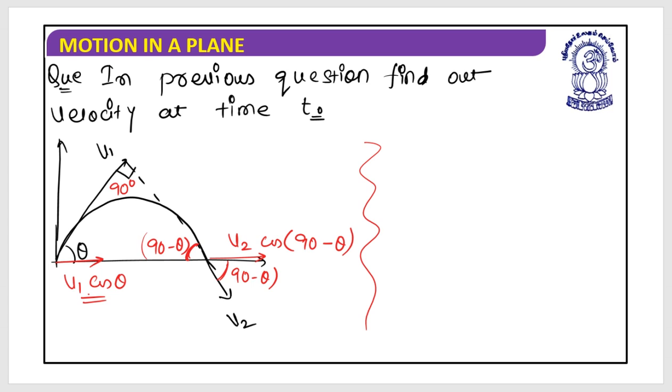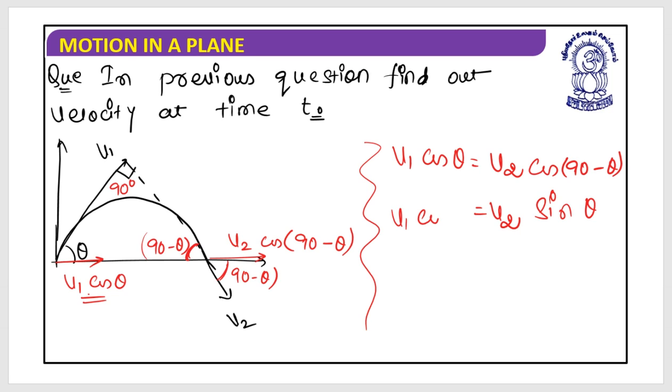When the horizontal velocity remains the same, v1 cos theta is equal to v2 cos(90 minus theta). This v2 cos(90 minus theta) is v2 sin theta.